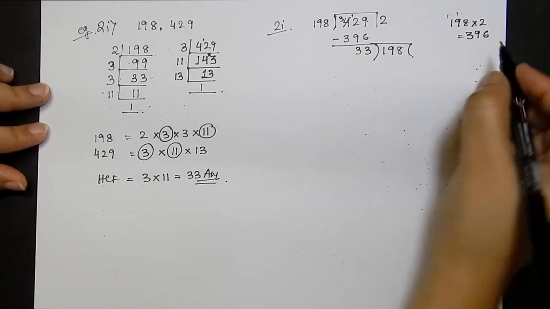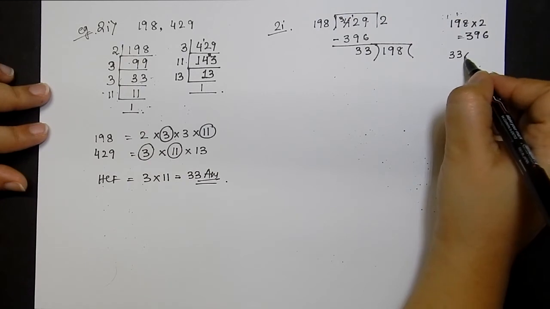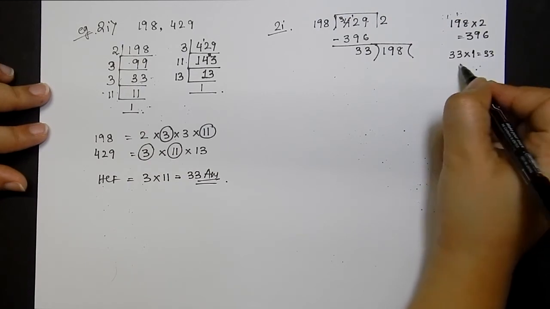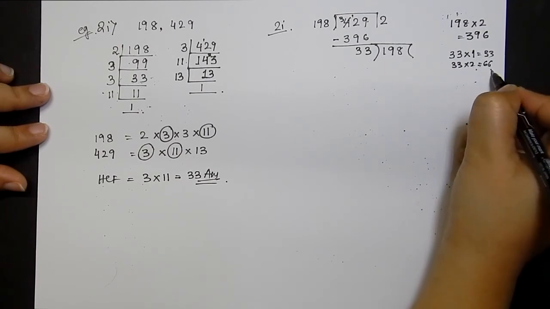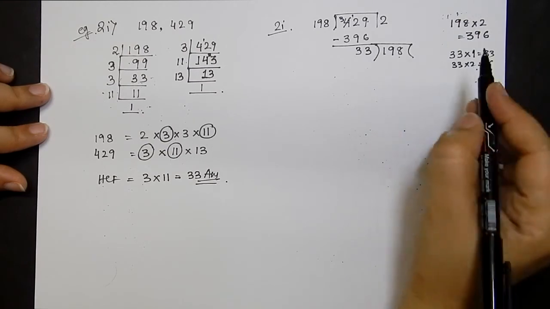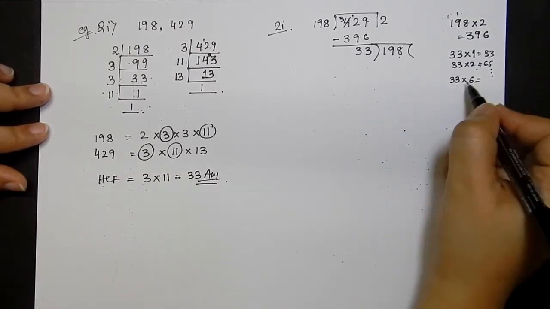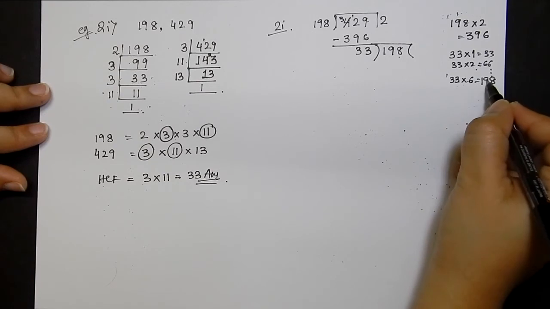So now let's see 33. This table of 33 is very simple. 1s are 33. 33 into 2 will be 66, in this way. Since we have an 8 over here, I will guess and try 6. 6 3s are 18, again 6 3s are 18 and 1 is 198.